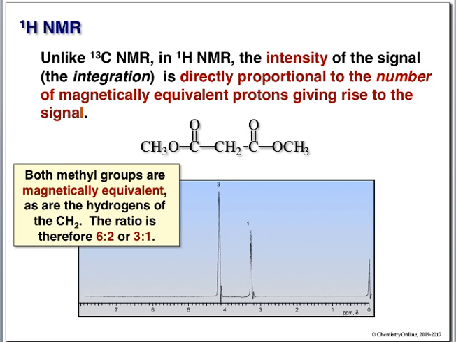If we simply look at the relative areas, it comes out 3 to 1. This tells us, if we knew that we had this particular formula, we would say, yes, this must be a 6, and that must be a 2. 6 to 2 or 3 to 1. Magnetically equivalent hydrogens will all show up together at the same peak.